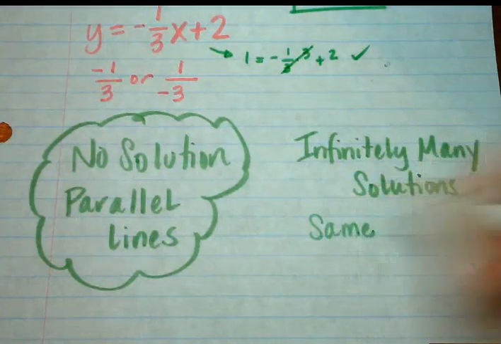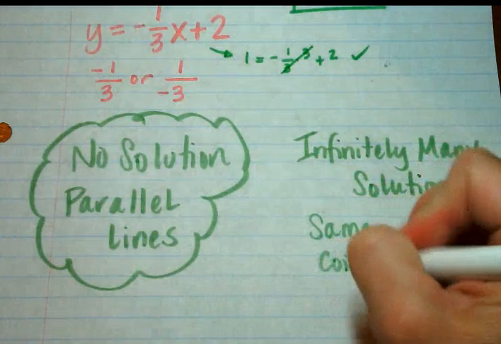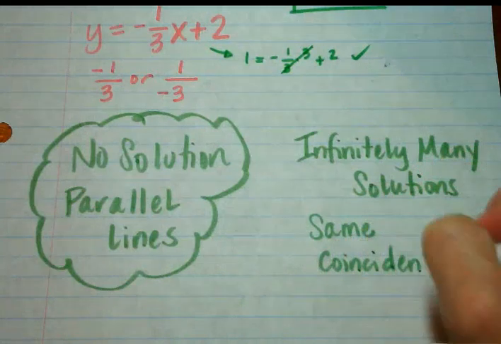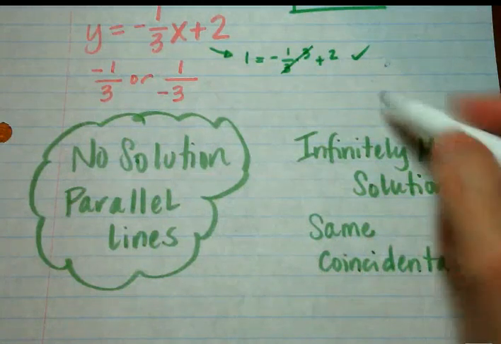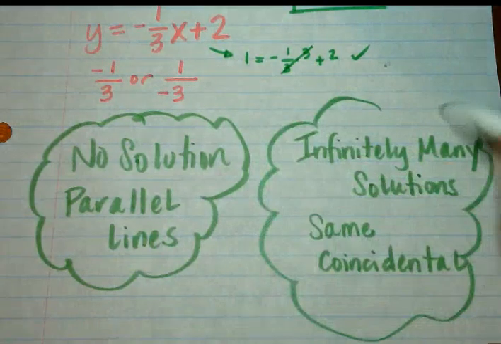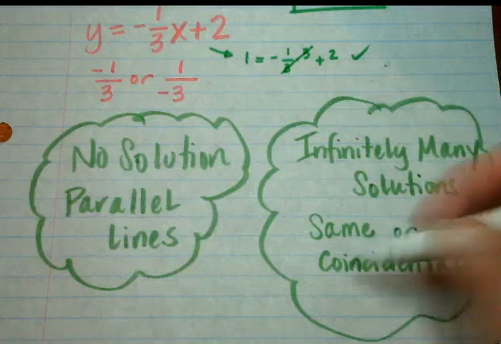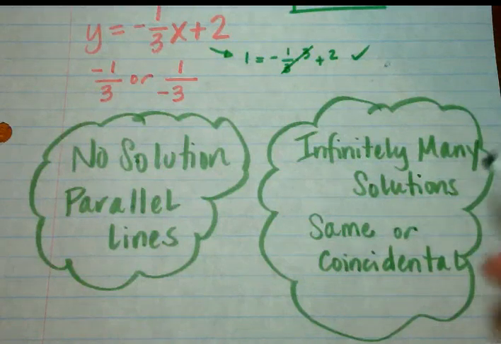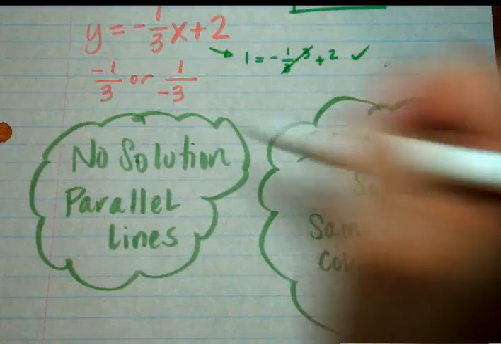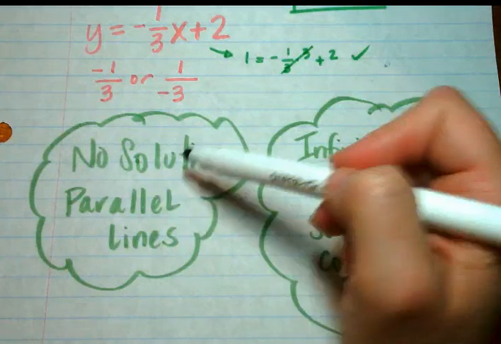So those are same or coincidental lines. So it's almost like it's a coincidence. Those lines landed at the same spot. So if you end up with the same or coincidental line, then that's infinitely many solutions. If you have parallel lines, then that's no solution.